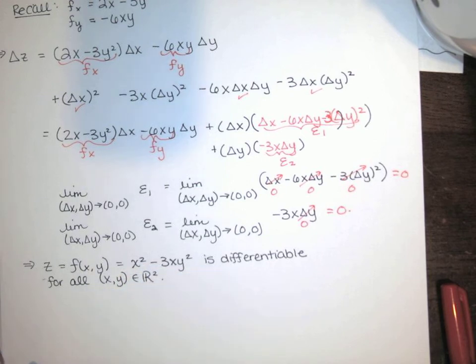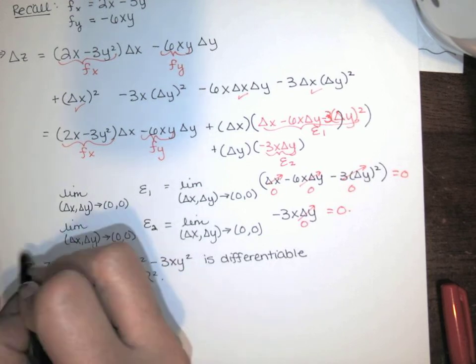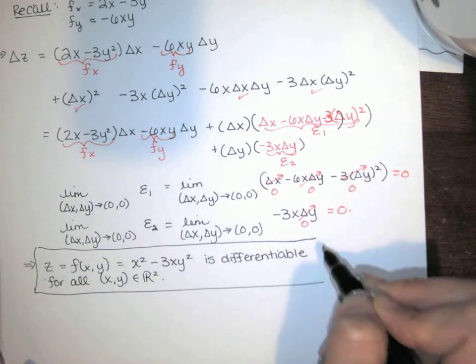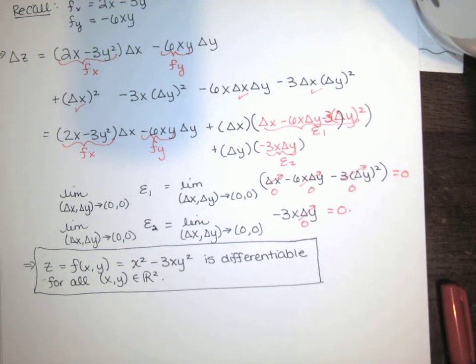So not only do the partial derivatives exist, but the function is differentiable. And what it means when we say the function is differentiable is that we can use that tangent plane that we came up with earlier, that linearization of the function, and it's going to be a good approximation.